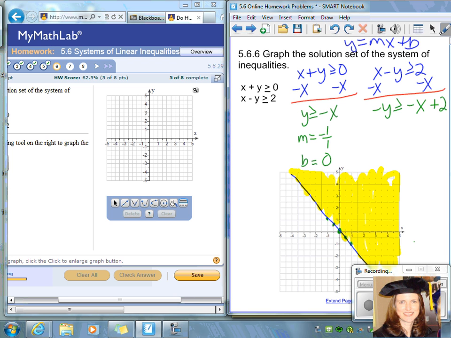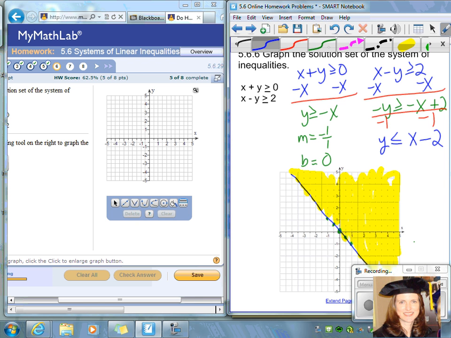I want to get y by itself, so I'm going to divide both sides by -1. When you divide an inequality by a negative, the direction of the inequality changes. So my simplified answer is y, and that greater than or equal to turns into a less than or equal to. Negative x divided by -1 is positive x. Positive 2 divided by -1 is -2.